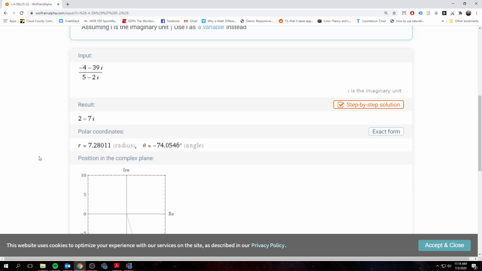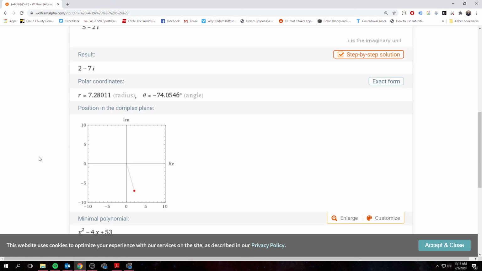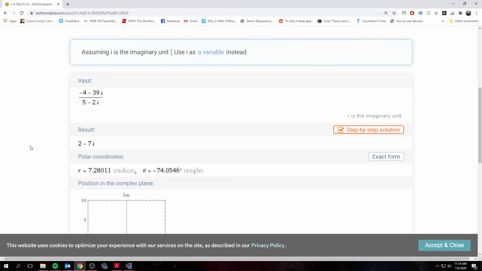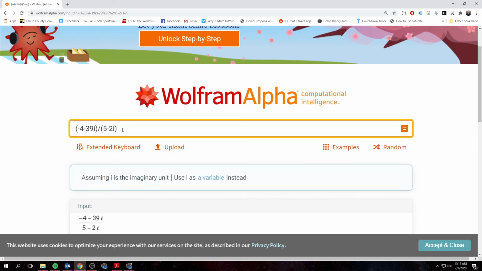How about that? If you want me to prove that that actually is the correct answer, then what you can do is multiply this whole thing. So I'm going to do another bracket here. You multiply it by the complex conjugate, which in this case is going to be 5 plus 2i over 5 plus 2i.